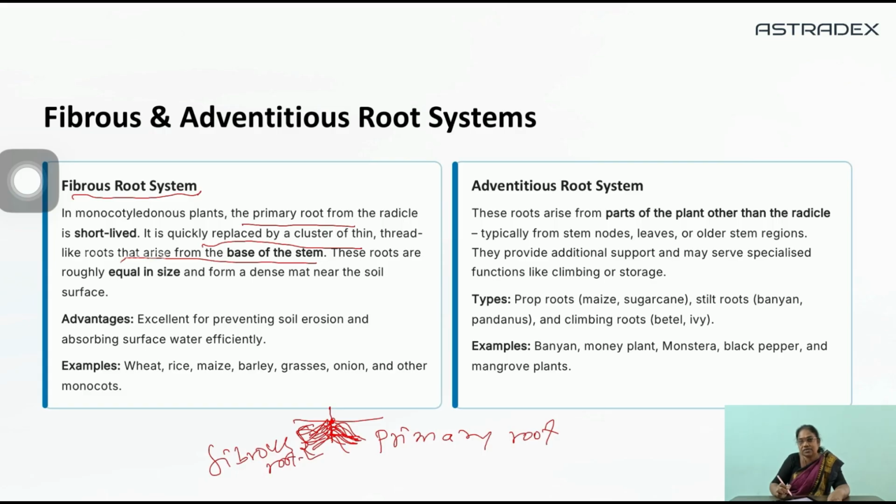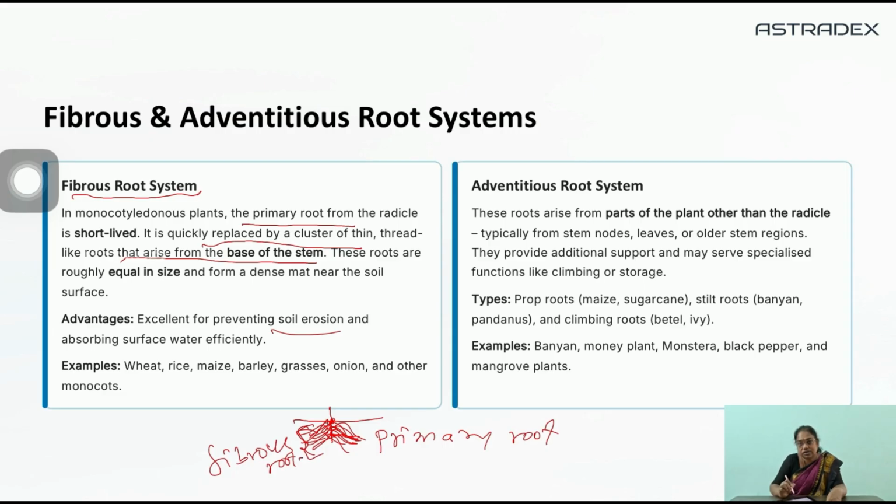Almost all branches are equal in size. It provides efficient nutrient absorption and is also used for preventing soil erosion, absorbing surface water efficiently. This is the fibrous root system.